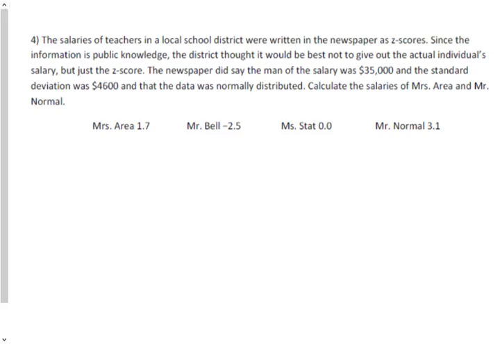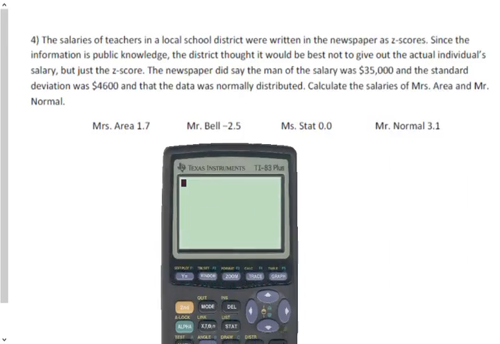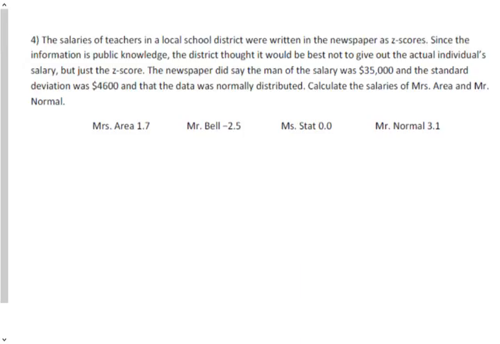And then here, this is actually word for word off one of your quizzes last time. So to find each person, you're going to do the exact same thing. And I'm going to kind of put this on the side so I can see it. This time I actually give you the z-score. And I want you to find the salary. So this is a little different. This is worth taking a look at.